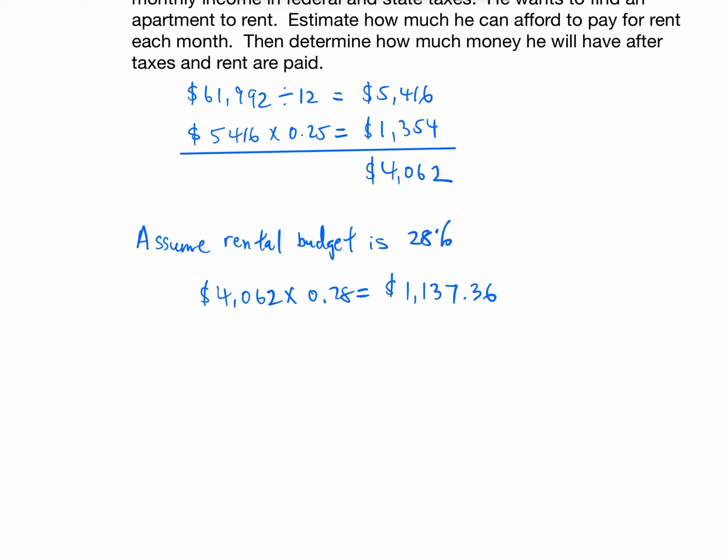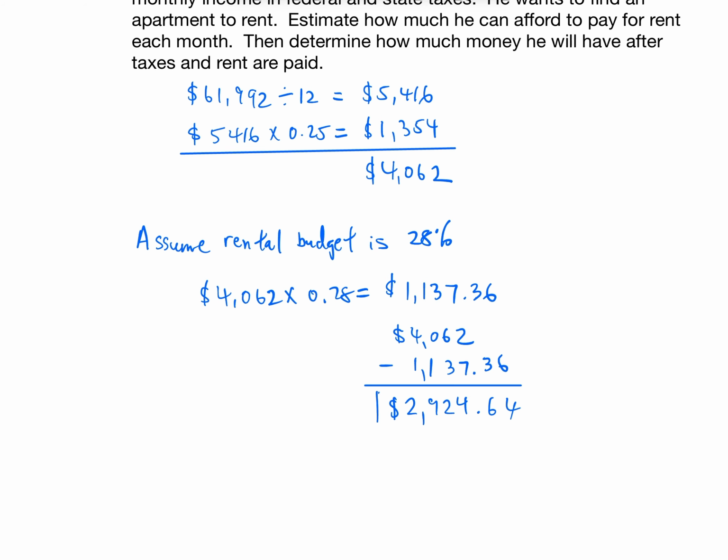If he spends that much on rent, how much will he have left over? If we take $4,062 and subtract $1,137.36, he would have $2,924.62.